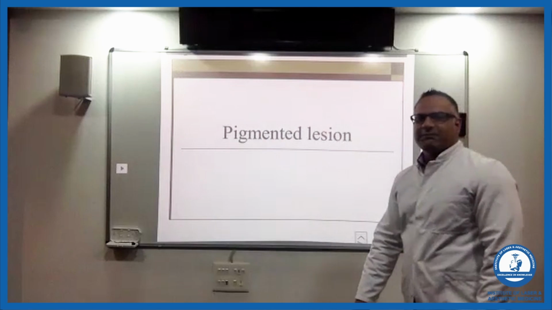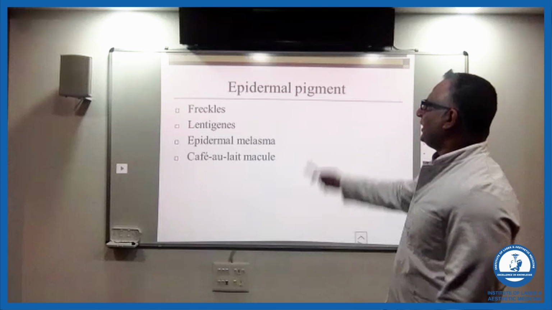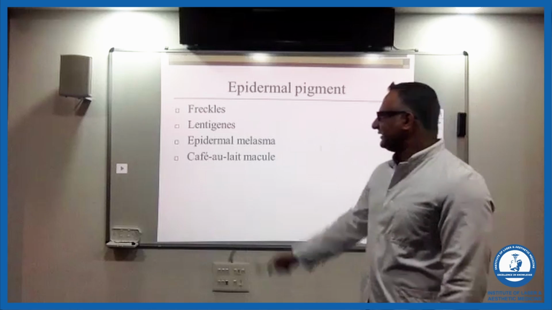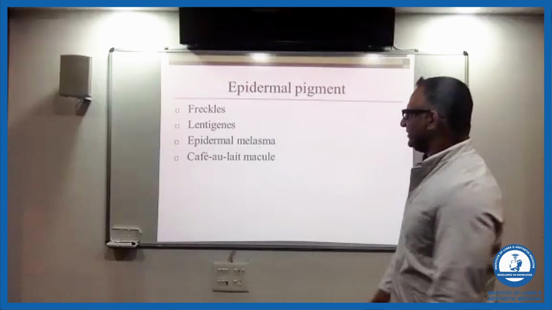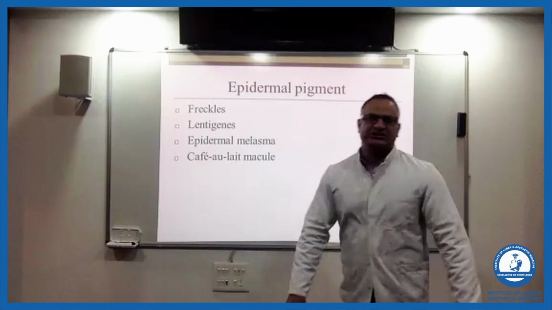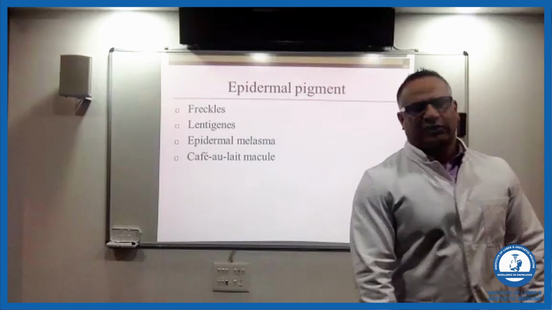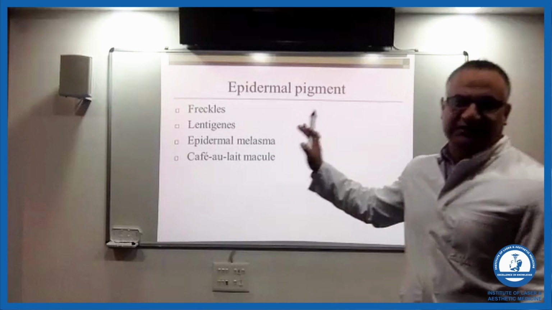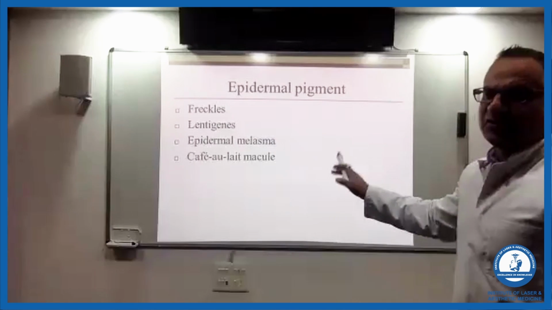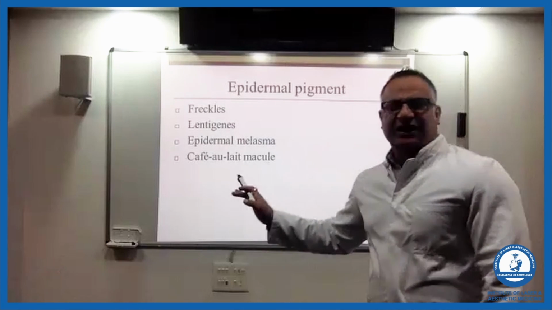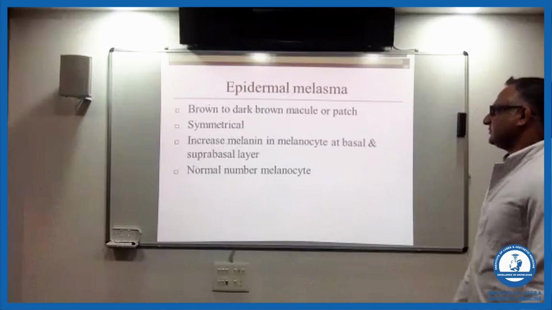So when you say pigmentations or pigmentary lesions, one is epidermal pigmentations, and these are some examples of epidermal pigmentations: freckles, lentigines, epidermal melasma, cafe au lait. So all, I'm not saying these are the indications where you fire Q switch. I'm saying these are examples of epidermal melanosis.